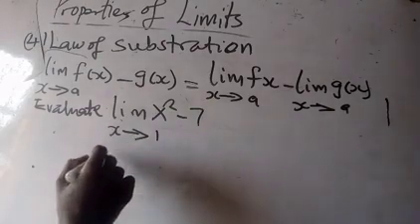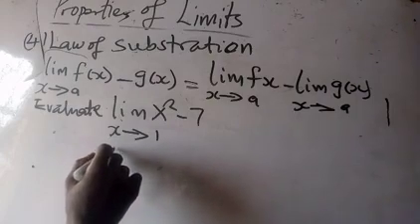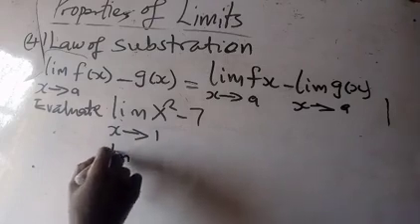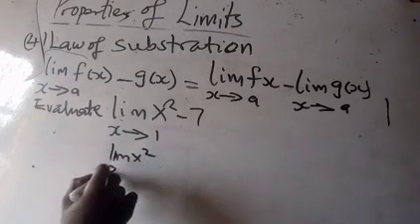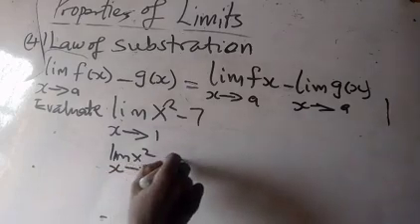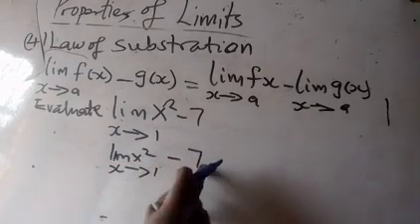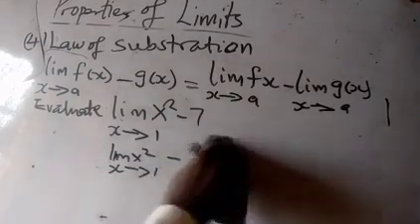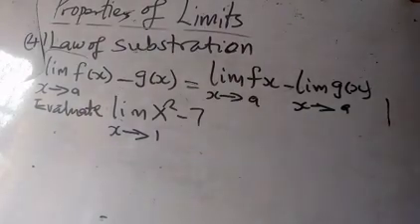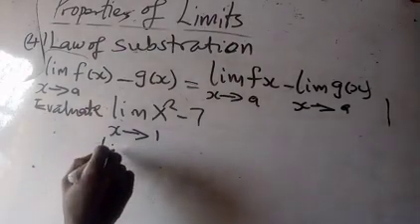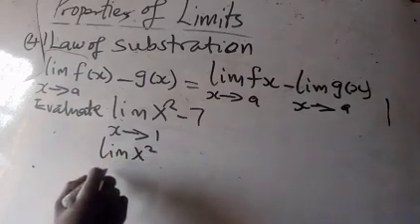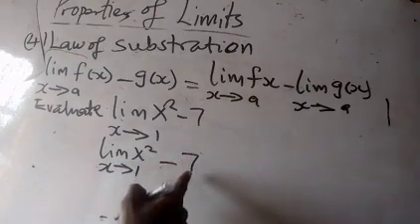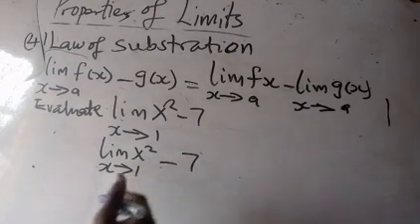It's the same thing as the limit of x squared as x gets to 1 minus 7. You know, limit of a constant is a constant. Let me write it clearly. So limit of x squared as x gets to 1 minus 7, because limit of a constant is a constant.